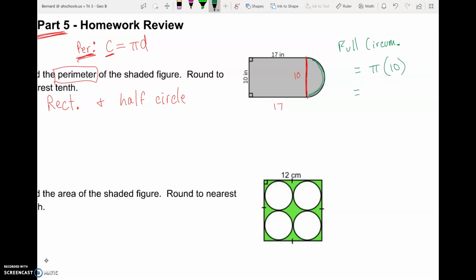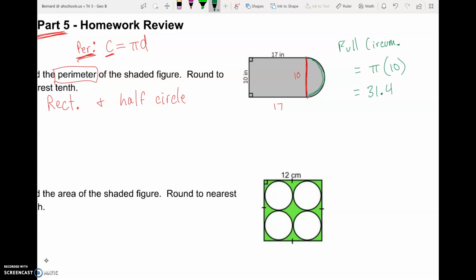And when we type pi times 10 into our calculator, let me do that real quick. 10 times, where's the pi button? Pi, 10 times pi equals 31.4 roughly.